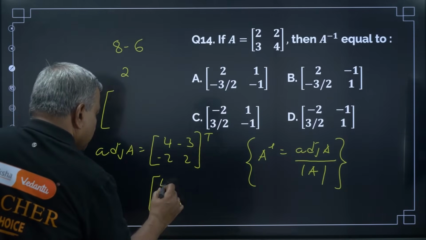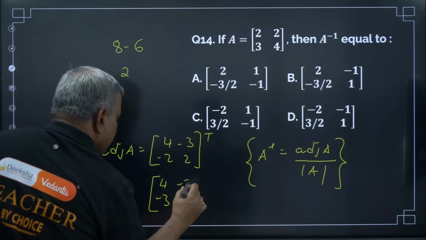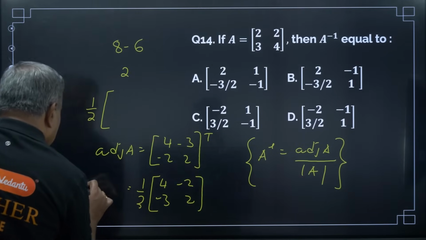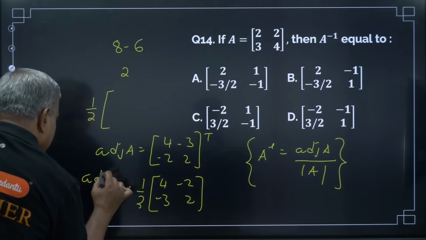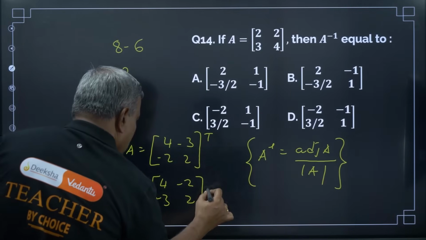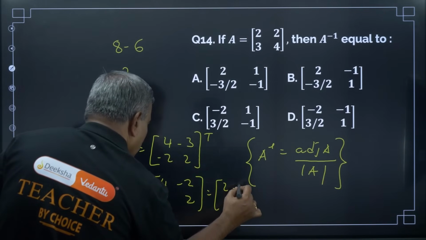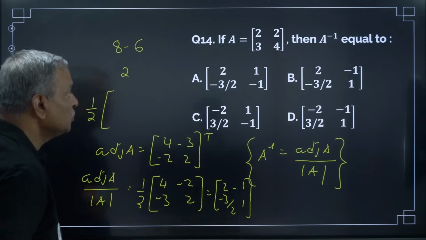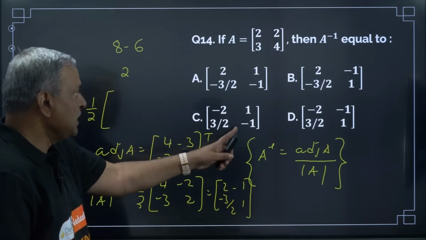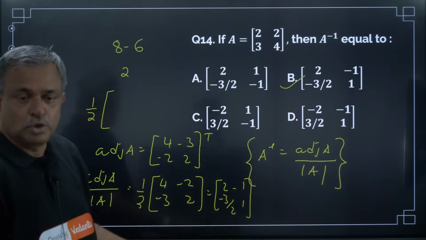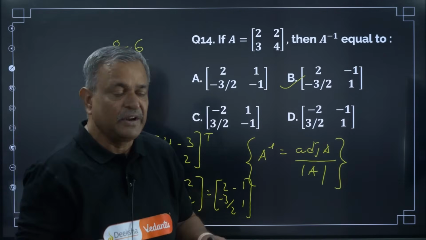This is the first row, 4, minus 3, minus 2 and 2, divided by 1 by 2 will give you adjoint of A by det of A. This will give you how much? 2, minus 1, minus 3 by 2, and 1. Option B is correct.